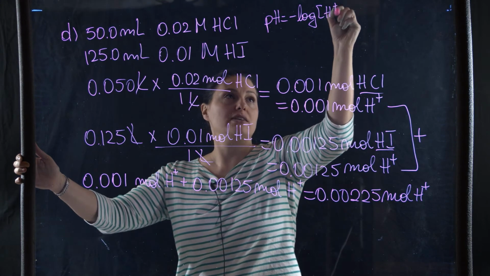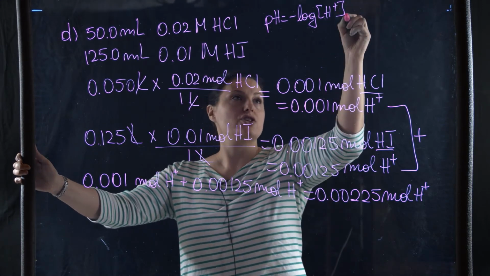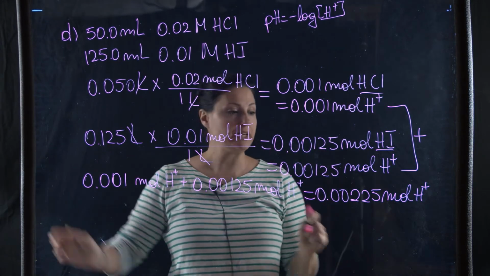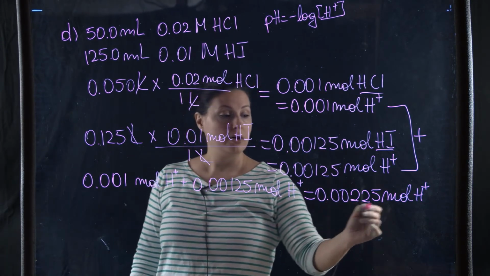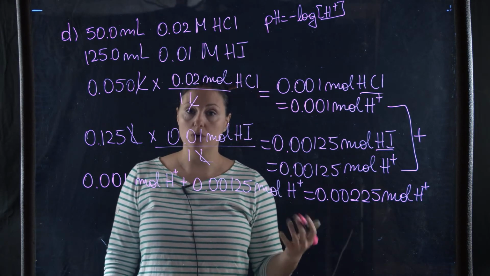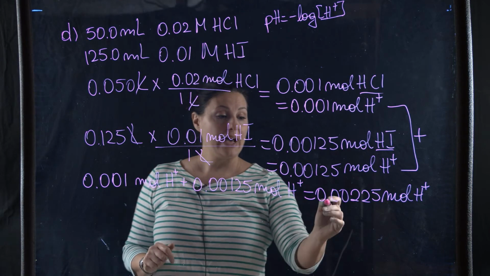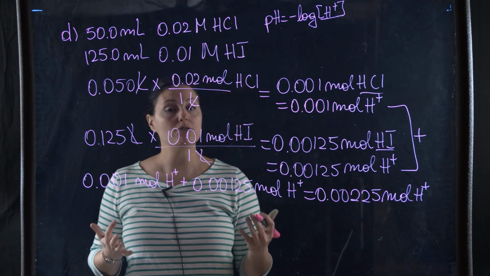Now I still can't do pH because pH, remember, is equal to minus log of the concentration of H plus or H3O plus, so molar concentration. This needs to be in moles per liter. I only have moles of H plus. I need to figure out what this concentration is going to be in moles per liter. What is my total volume?